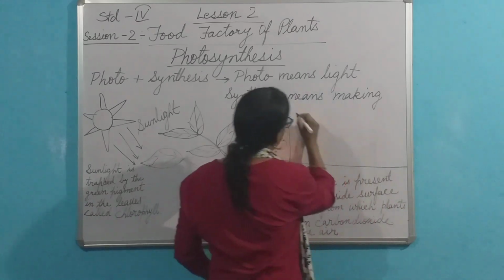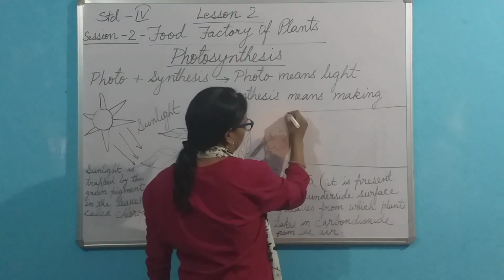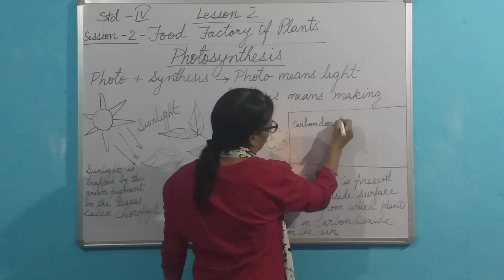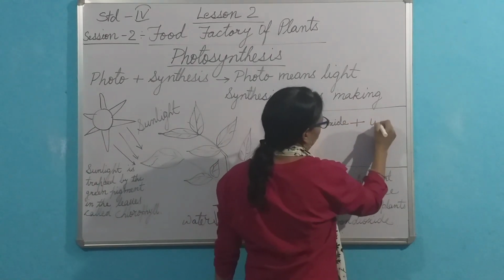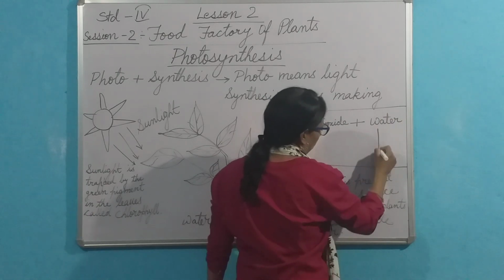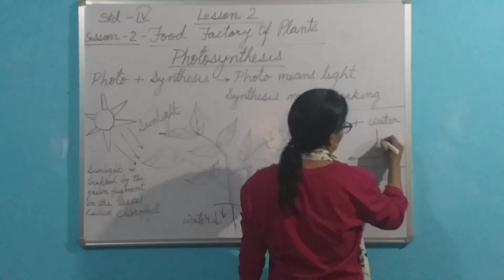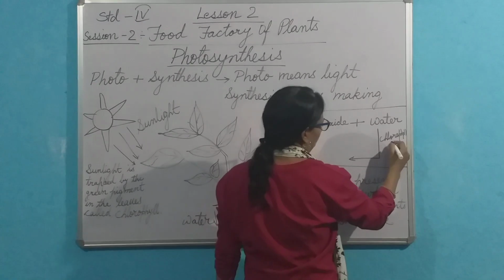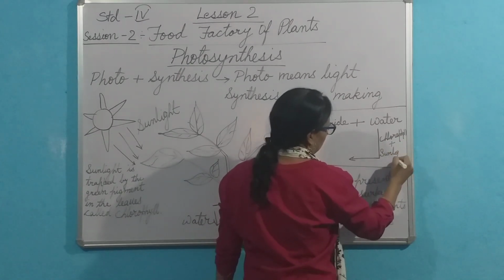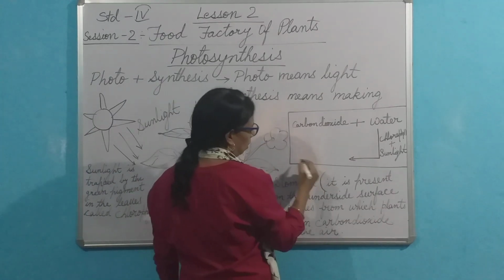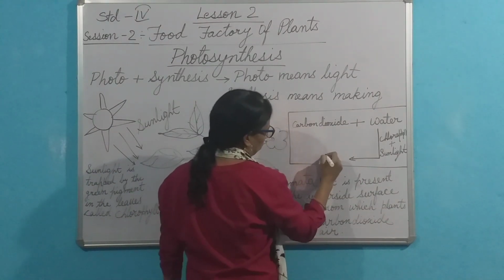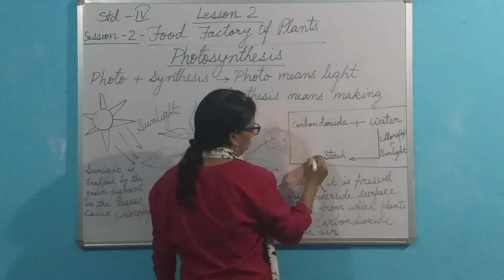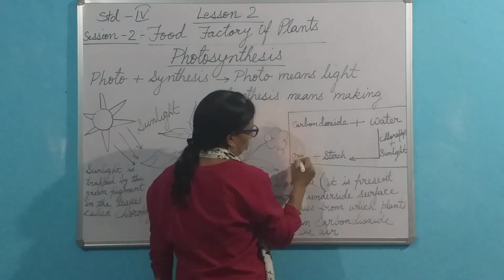let me show you the equation. The equation will be carbon dioxide plus water in the presence of chlorophyll and sunlight, it gives, we call it starch, and oxygen.